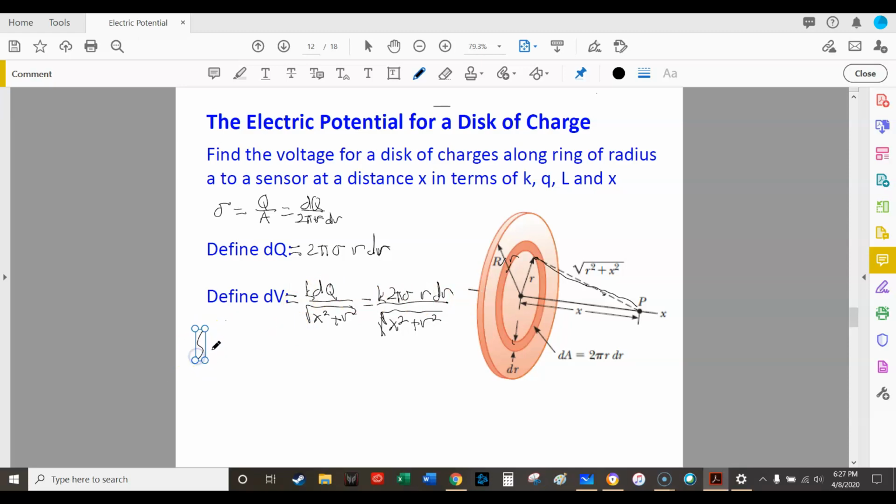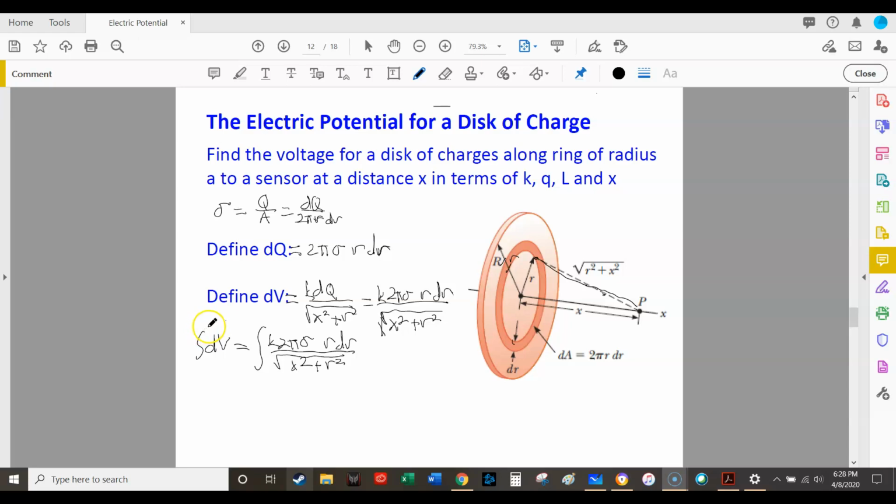Well, we're going to integrate dV, and we get the integral of the other side, which is going to be k times, actually, let's redo that, 2 pi sigma r dr all over the square root of x squared plus r squared.